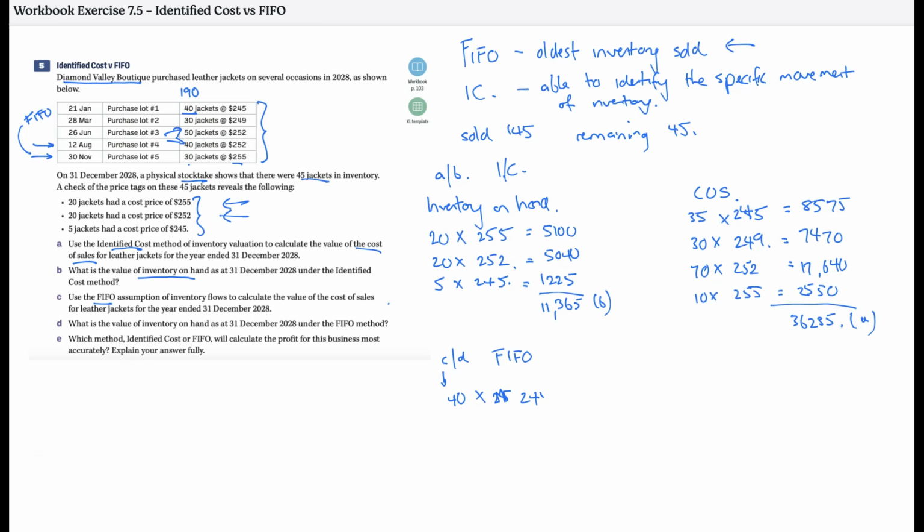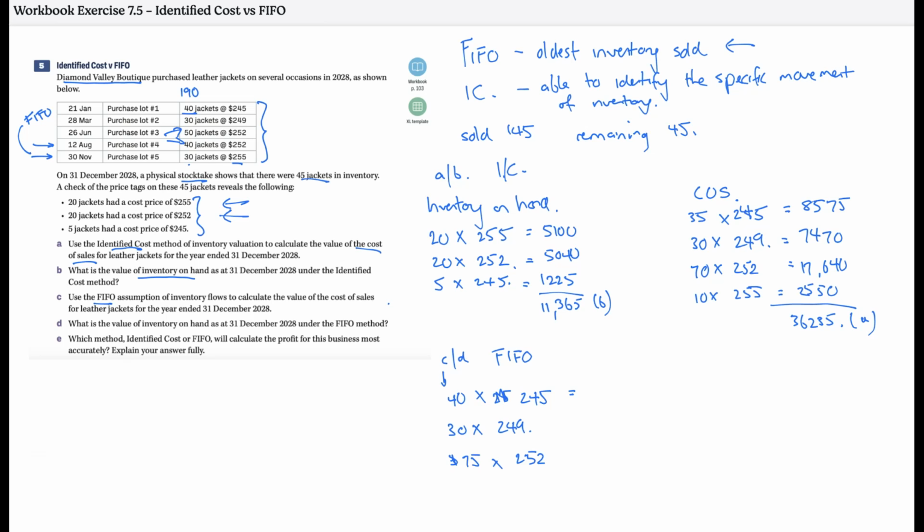So all 40 of the $245 ones were sold, and 30 of our $249 ones were sold. Of the $252 ones, I apologize, 75 of them were sold because remember we only have 15 left and there was 90 there. Then we work these numbers out using our calculator.